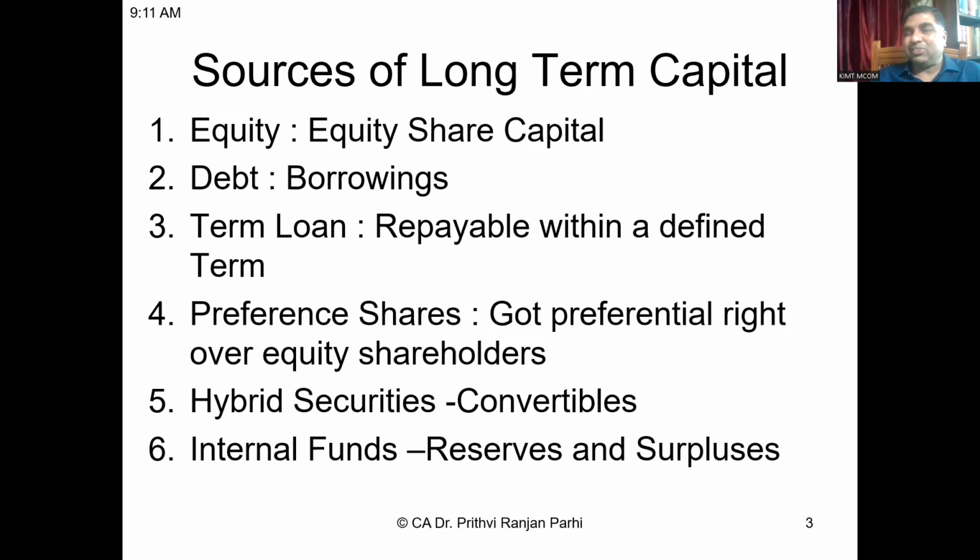They're called reserves and surpluses. The company creates these reserves and surpluses out of its profits. But if you see who is the owner of this profit, it is the equity shareholders. They are supposed to take that profit. If for some reason they are not taking it, this creates reserves. So the owners of the reserves are equity shareholders.